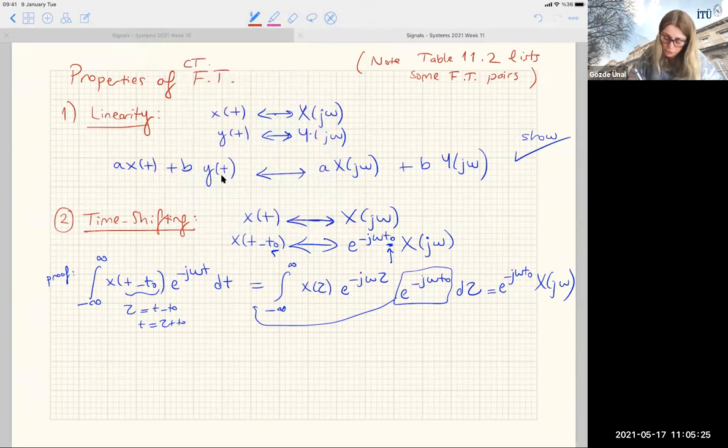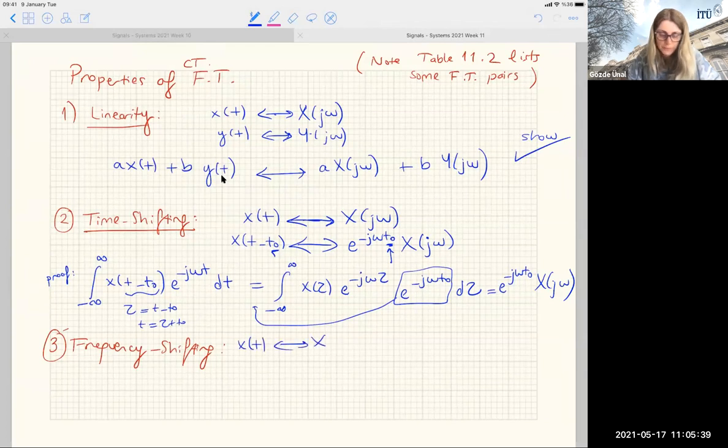So the third one, this is clear, right? Now you can show the frequency shifting property, very similar. Shifting this time again, given the x of t, X of j omega pair, I'm asking you, if I shift my Fourier transform in the frequency domain, what happens to the time signal? I think you will guess it's going to be this time signal weighted by the complex exponential at that shifting frequency in the time domain.